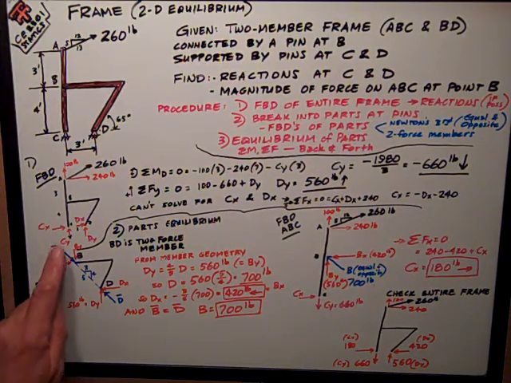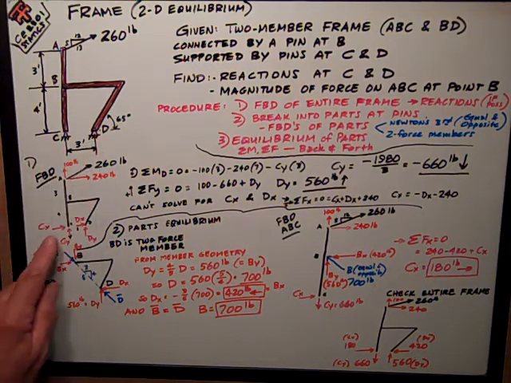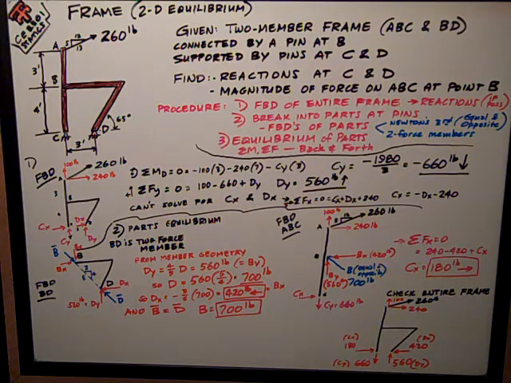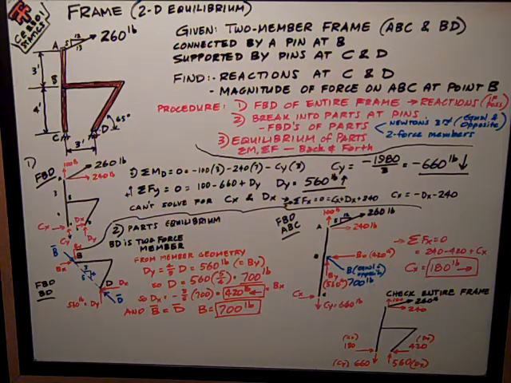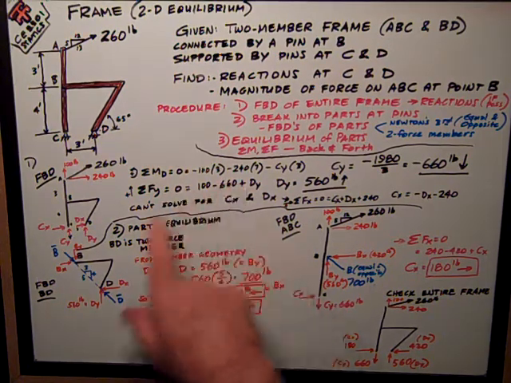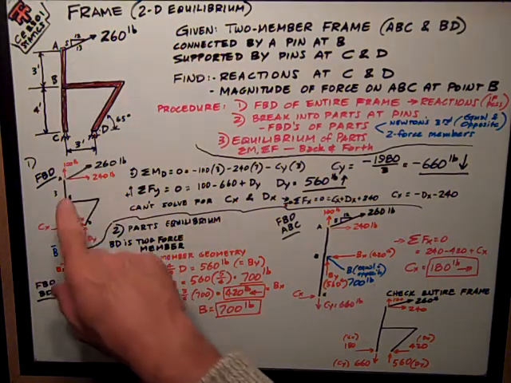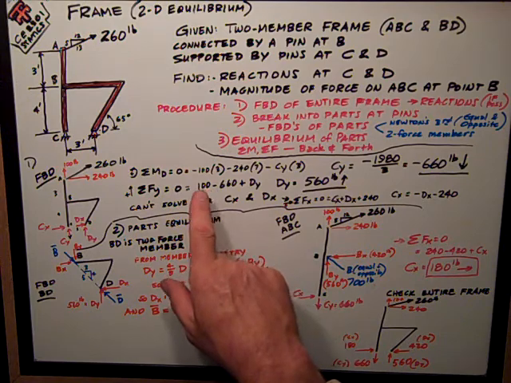And here's my assumed reactions, replacing the pins at C and D with these reactions, X and Y at C and D. I can solve for some of them by doing a sum of moments about point D. And here's the numbers, 100 pounds. I break the 260 pounds up. It's a 5, 12, 13, so I break it up into 100 pounds vertical and 240 pounds horizontal.